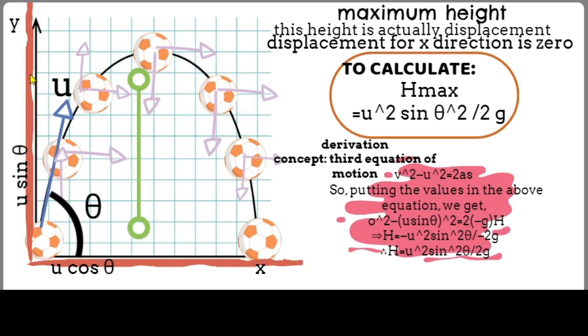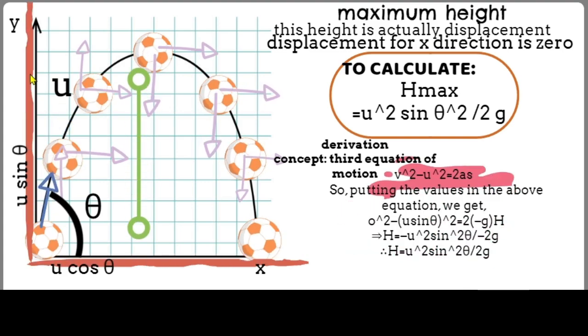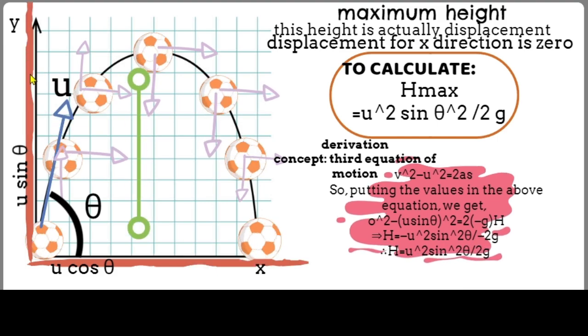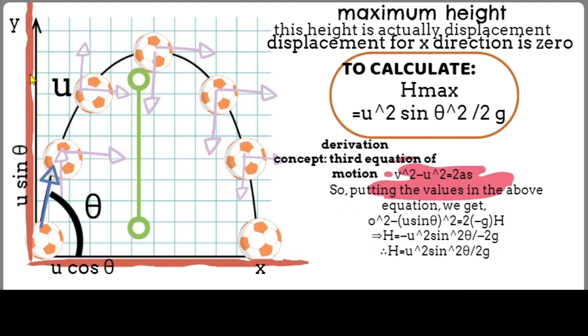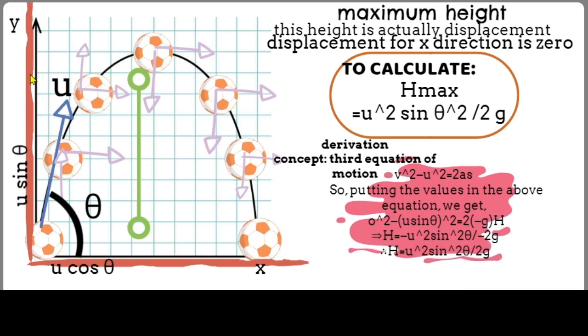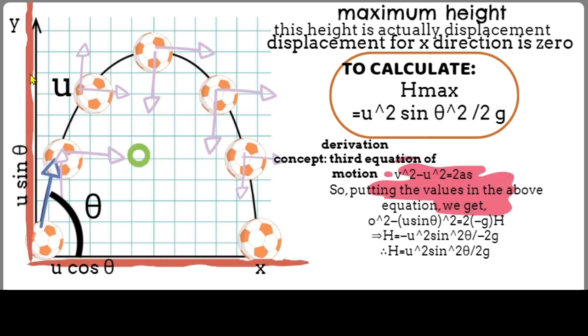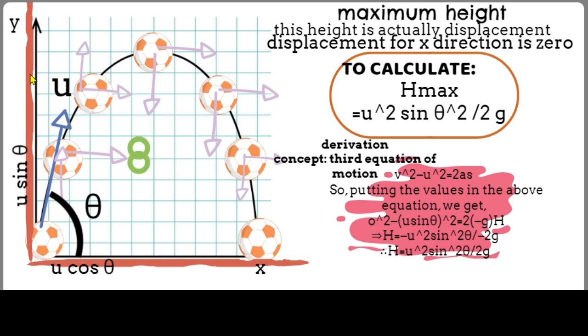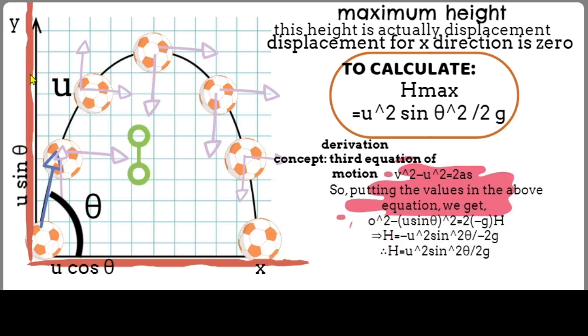But we can calculate displacement for the y direction, which we calculated as u square sine square theta by 2g, by the concept called motion under gravity, where we had three equations of motion, where we chose the third equation, v square minus u square equals 2as.